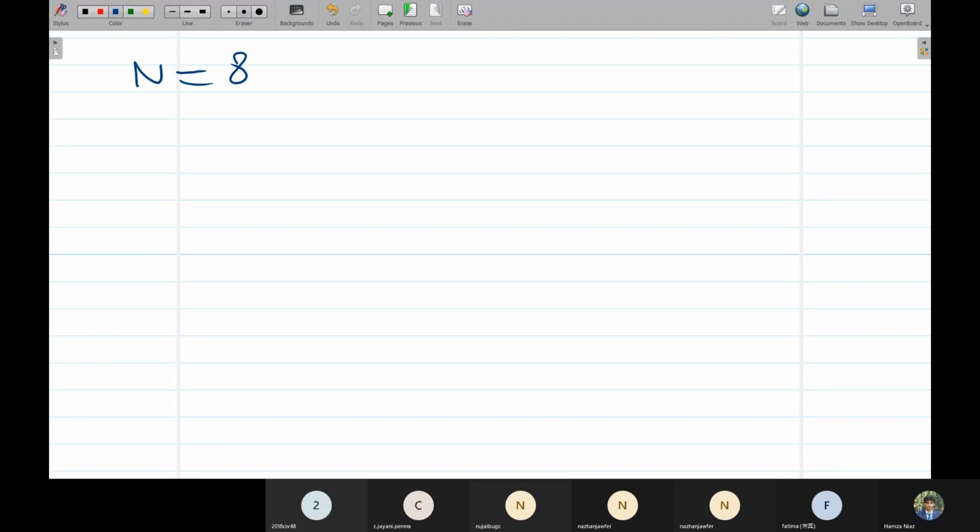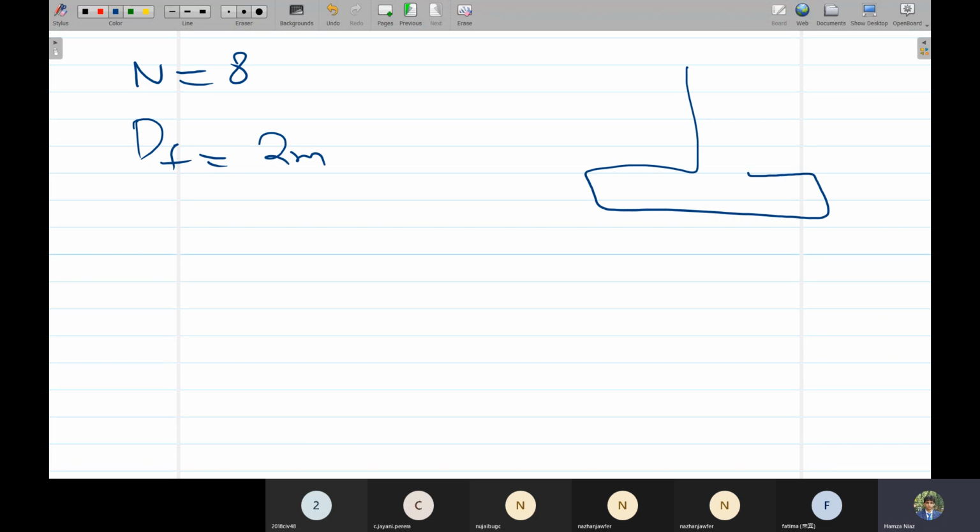Again, the depth of footing is supposed to be something like 2 meters. So we have to dimension this footing, what would be its B value, what would be its L value, like that.